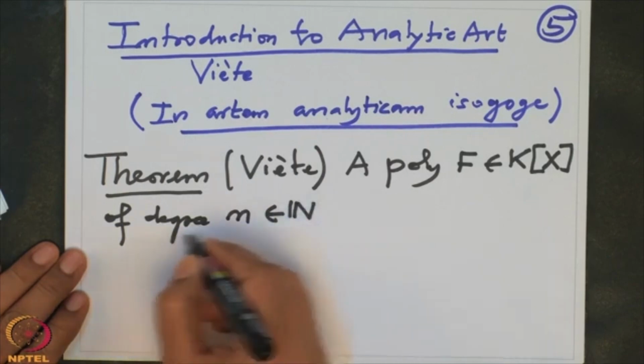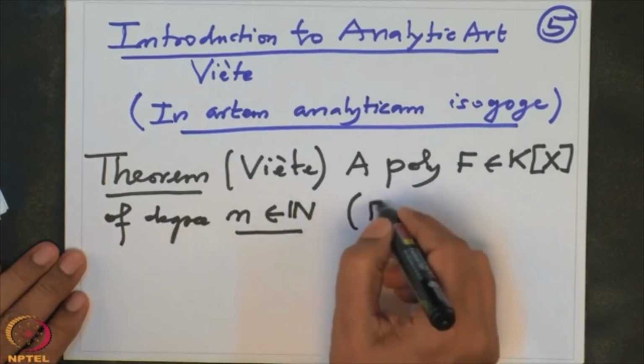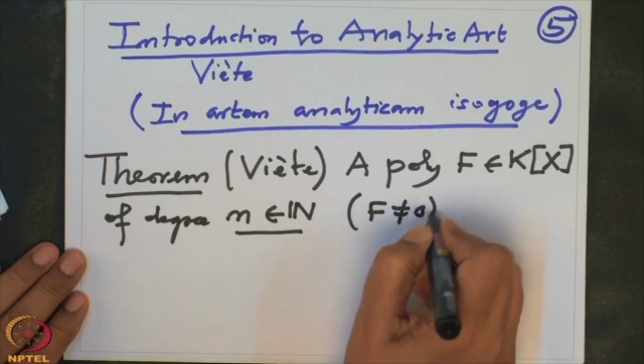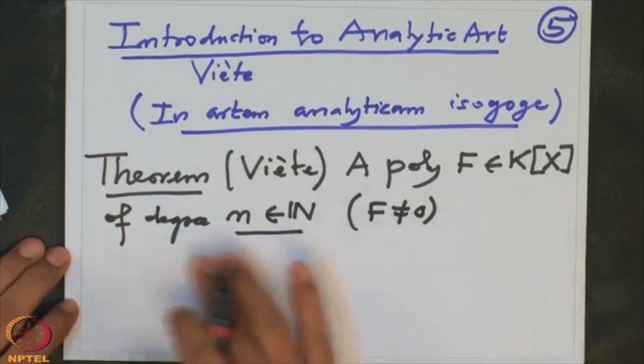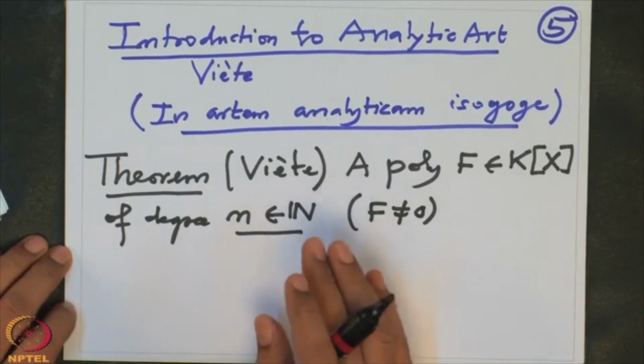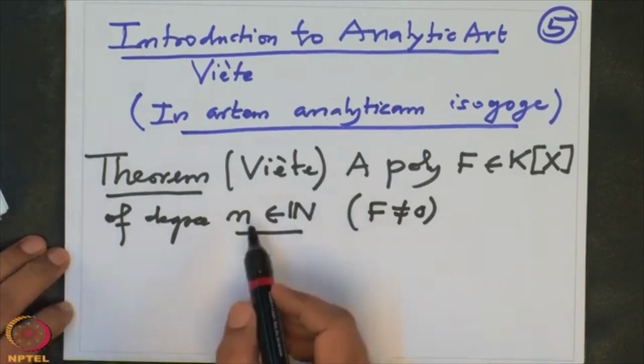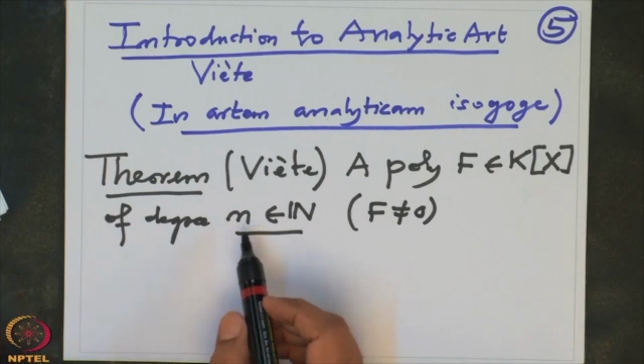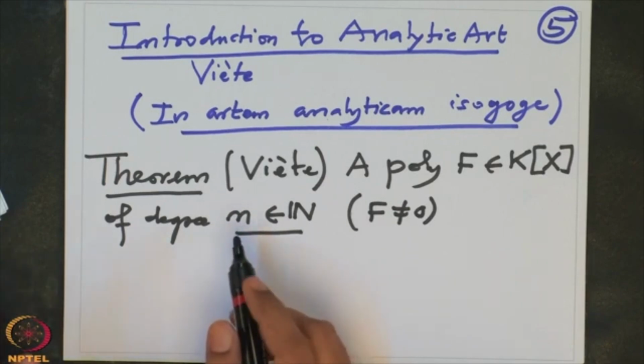Remember, this assumption means that f is non-zero, because once you say a polynomial of degree n, that means f cannot be 0. We have defined degree only for non-zero polynomials, and degree can be 0. Constant polynomials have precisely degree 0.